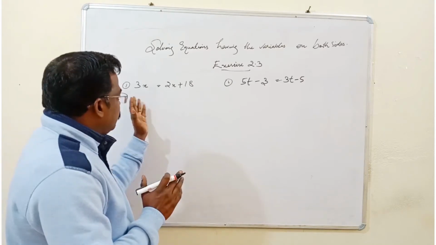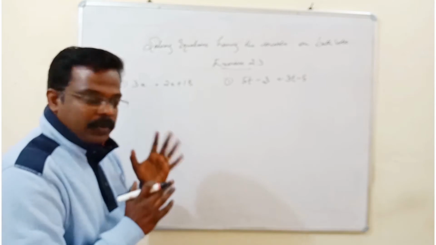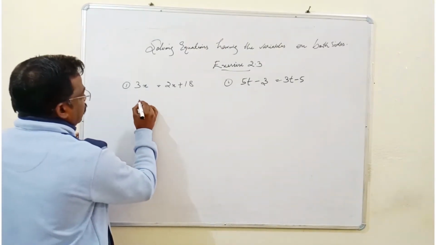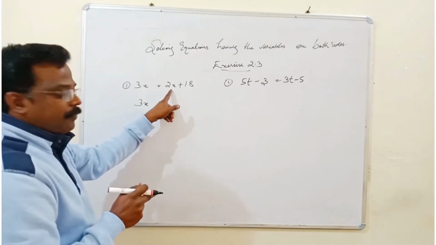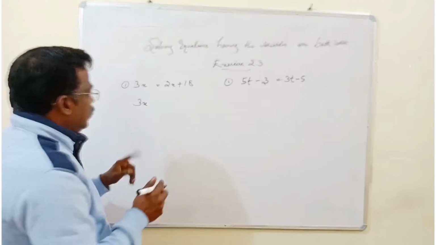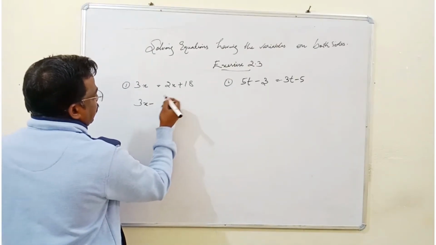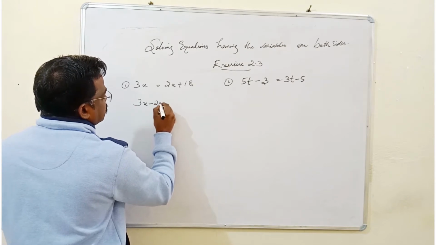Whenever we solve this type of question, we have to bring the variable terms together. So here 3x is already here. I am bringing this 2x from the right side of the equation to the left side by transposing. That is, 2x will come here as minus 2x.